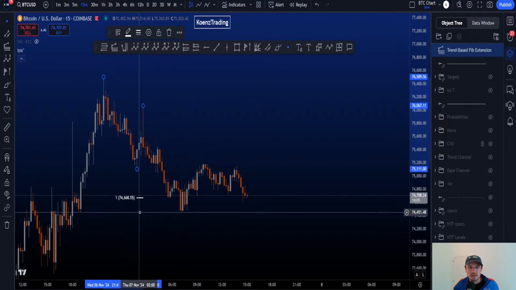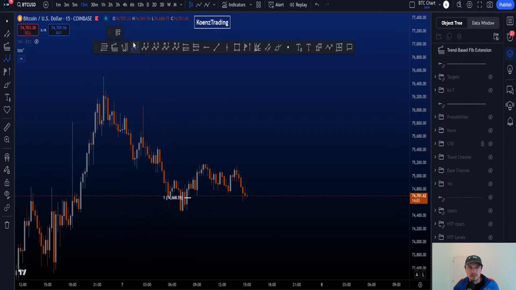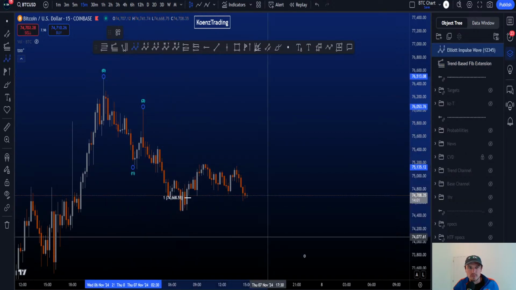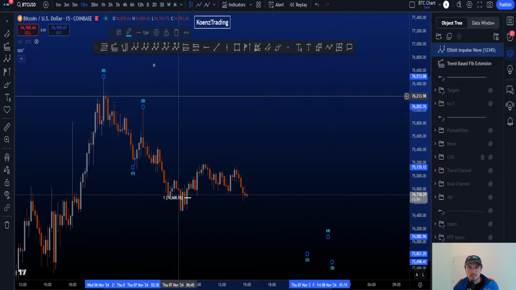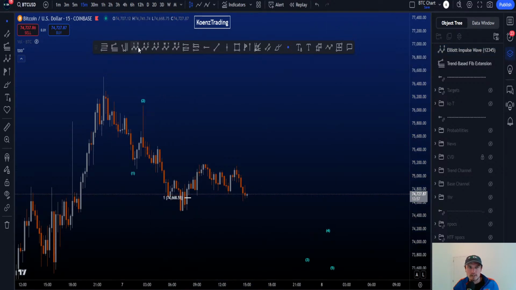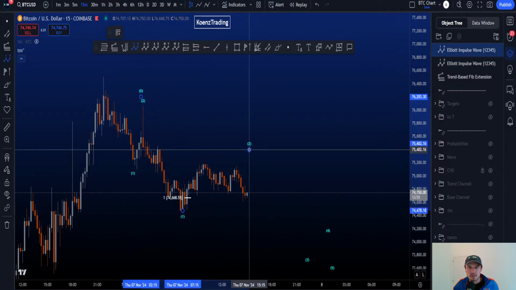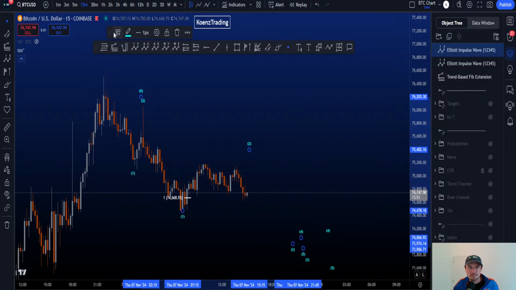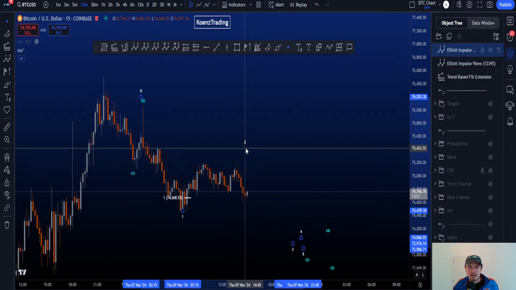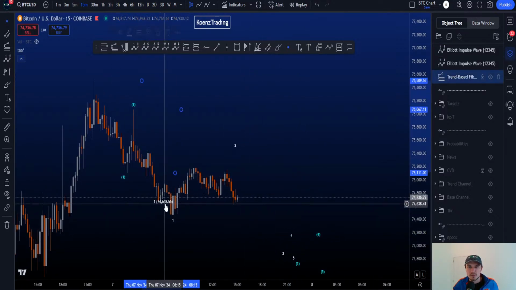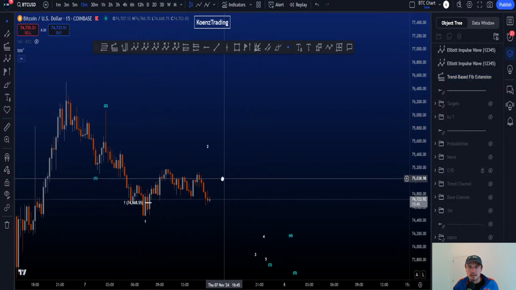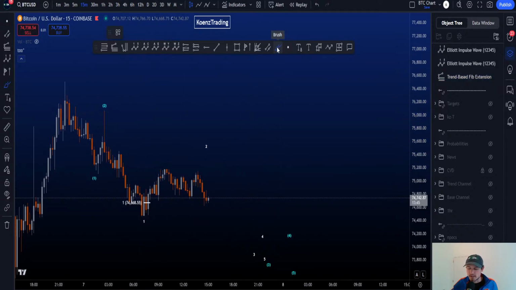So if this would be a multi 1, 2, let me actually put this on the chart just for explanation purposes. So this is your higher degree 1, 2, then you have your lower degree 1, 2, right? Now in a multi 1, 2, what is good to know is that preferably, this is not a requirement, it's not a rule, right?